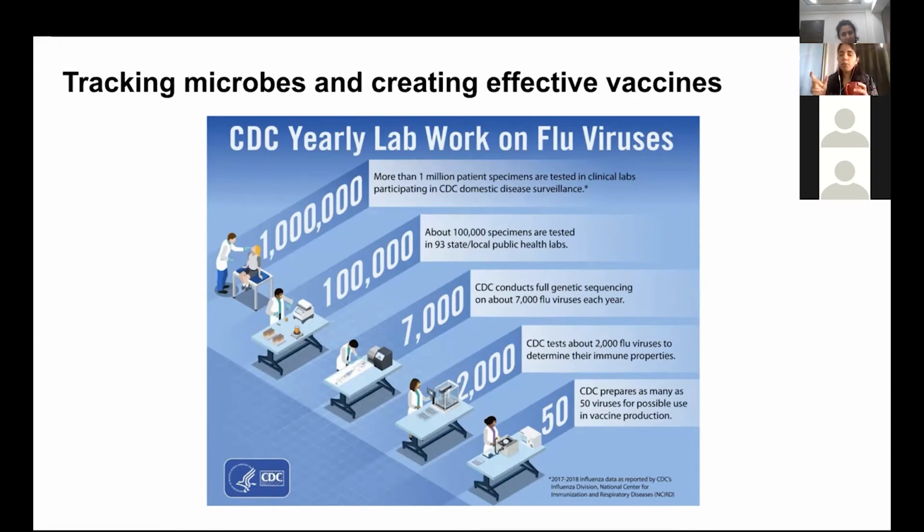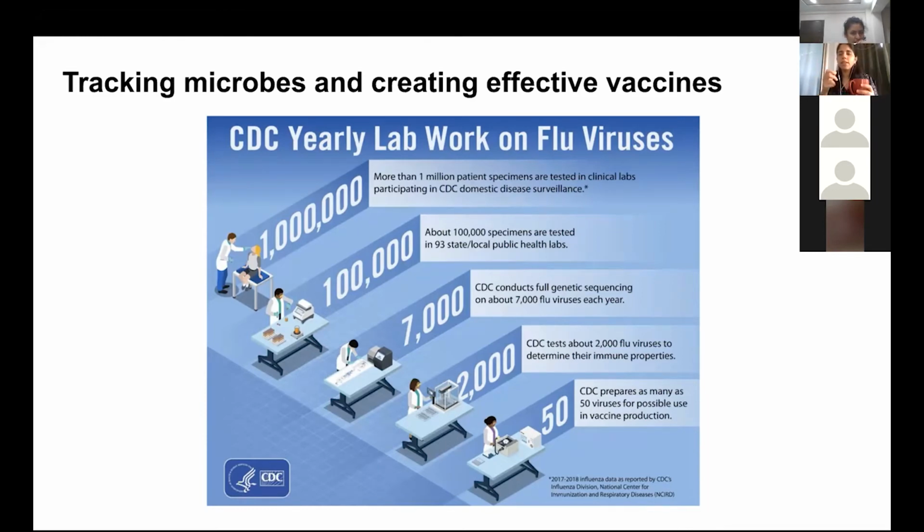From those samples, they sequence the genome of those influenza viruses. Why? Because influenza viruses, like the COVID-19 virus you're hearing about, undergo mutations. So they want to make sure that the flu shot people get every year is protecting them against the latest form of influenza. There are many types of influenza viruses.